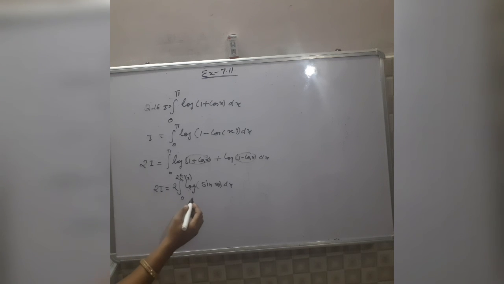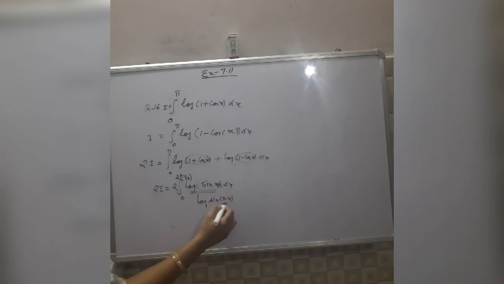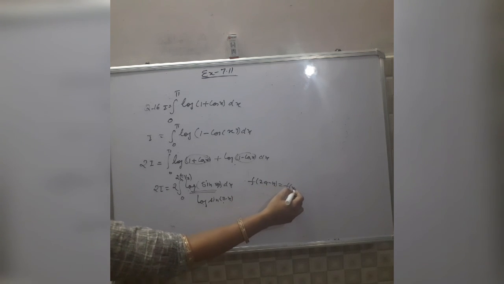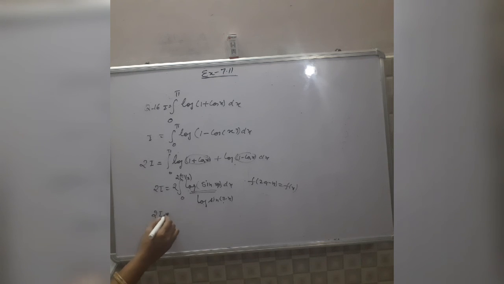And in this function, if in place of x you write 2a minus x, meaning log of sin of pi minus x, then again it gives you log sin x, meaning f of 2a minus x is equal to f of x. So this 2I remains as it is, this 2 remains as it is, and the integral from 0 to 2 into pi by 2 can be written as 2 into the integral from 0 to pi by 2 of log sin x. So already there is a 2, 2 into 2 becomes 4.